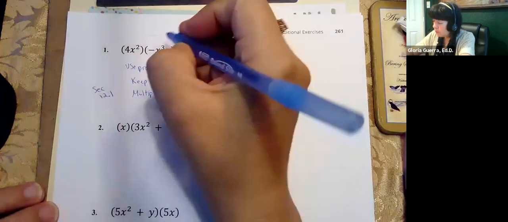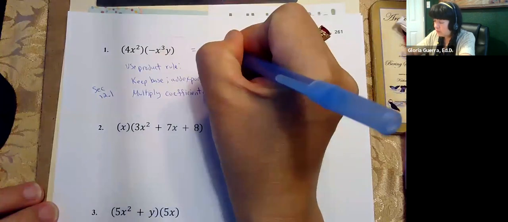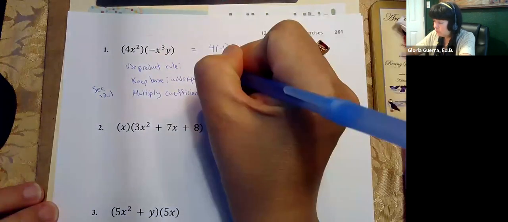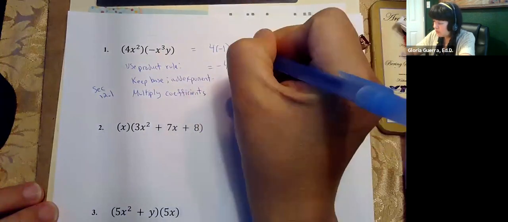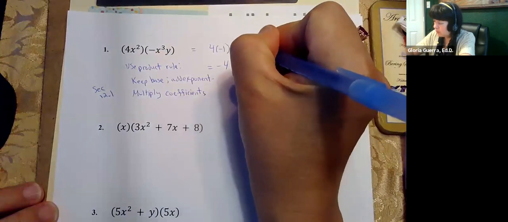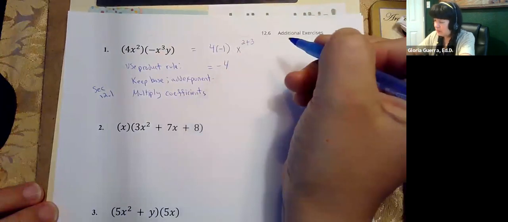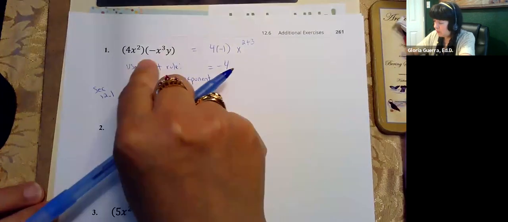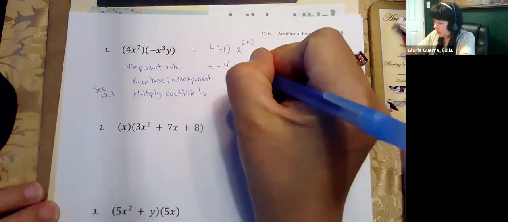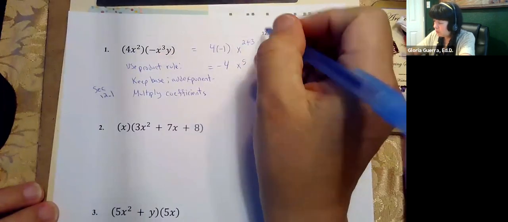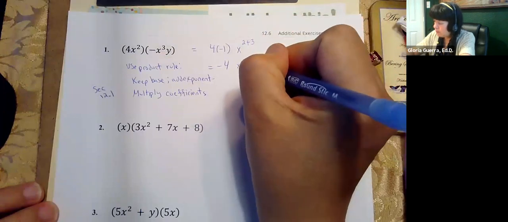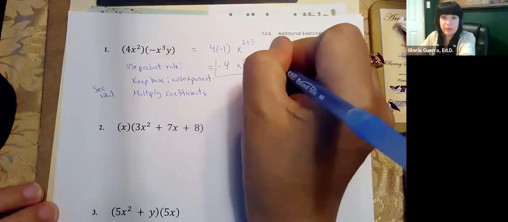Here, this is really a 4 times an imaginary -1, which is a -4. And with the x's, you're going to add the exponents, the like x bases 2 and 3, give you 5. And then you just have that singular y, which you can't forget about.